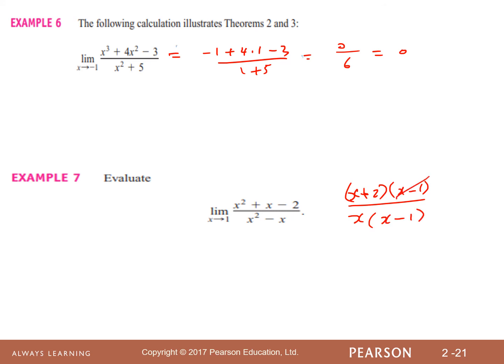So x minus 1 kills x minus 1, right? We have x plus 2 divided by x, right? So now we can plug in 1. So if we plug in 1, it's going to give us 1 plus 2 divided by 1, so that's 3, okay?